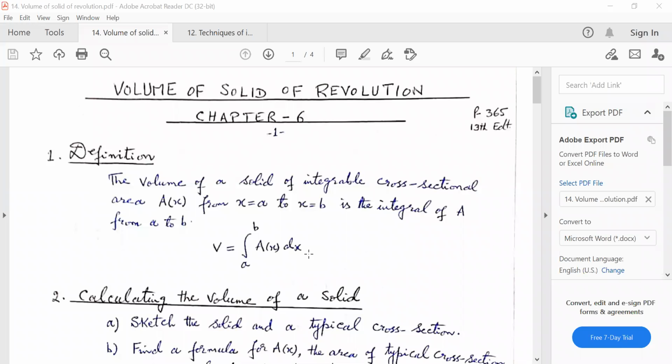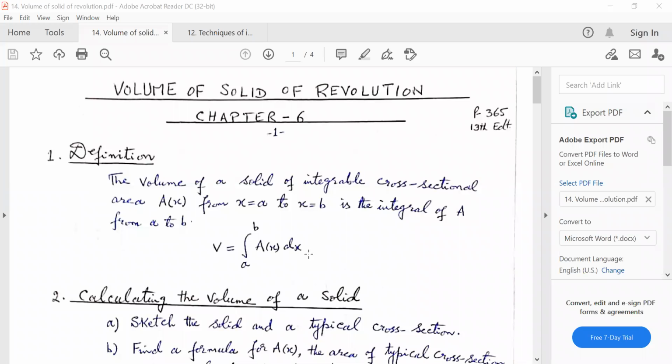Just like if there is a cylinder and its base area is pi x square, right? If x is the radius of the circle, the pi x square will be the base area of the circle. And if height is h of the cylinder, then the total volume will be base area into height, means pi r square h. This is the formula for the cylinder.